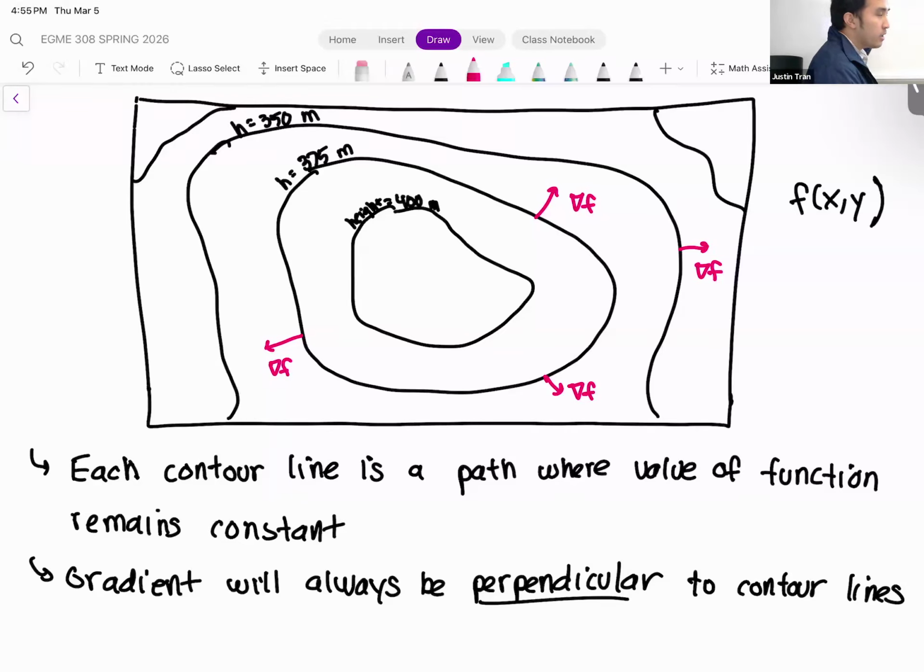So that means if you're standing on a particular contour line, well, technically you're always on some contour, the gradient will point you in a direction of maximum increase from that contour or maximum decrease. Okay?